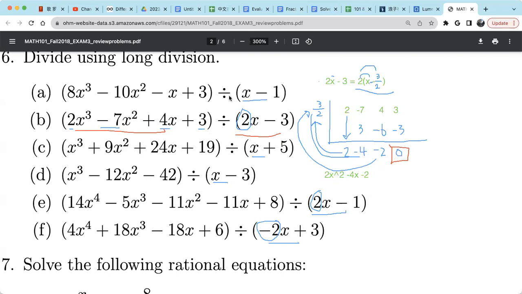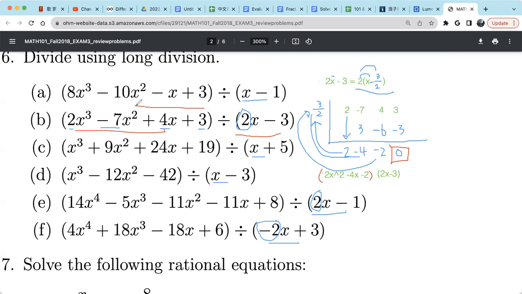And 0 means that's a factor. So that's 2x minus 3. The quotient is a factor and the divisor is a factor.